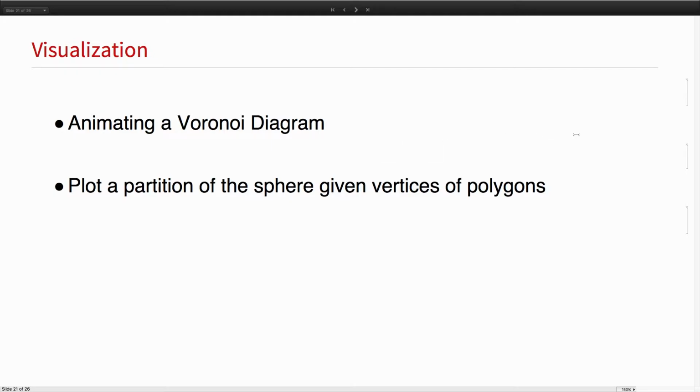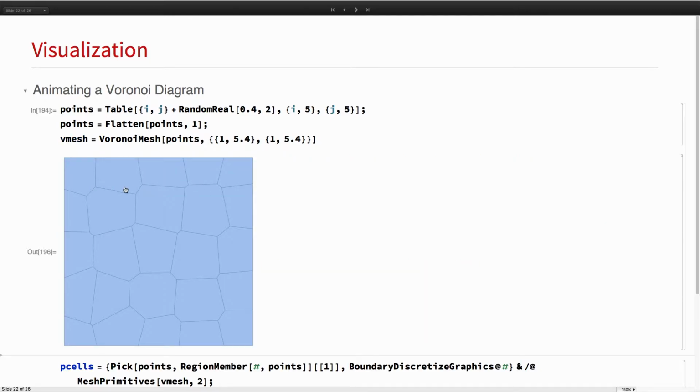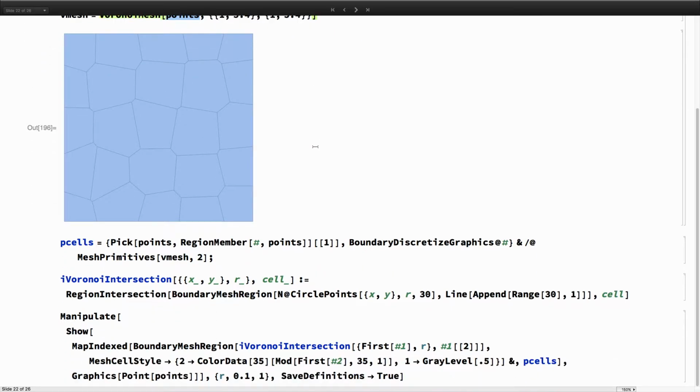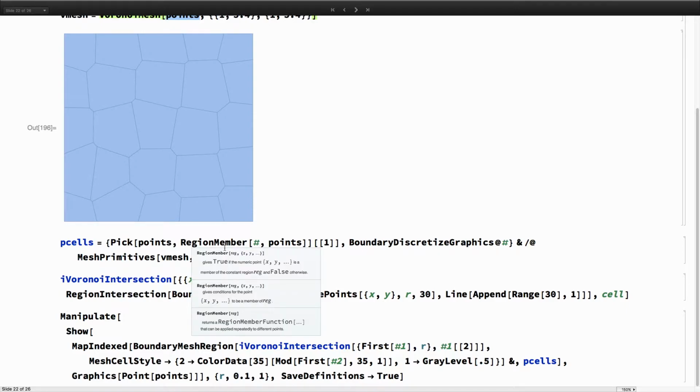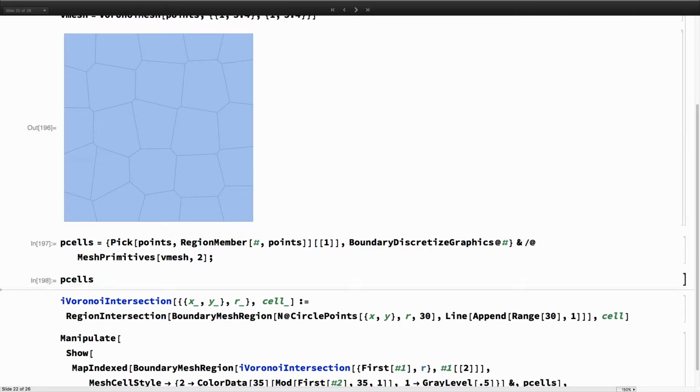And this is the final collection, visualization. It's just visualization. The first one is about animating a Voronoi diagram. The question was, you have a Voronoi diagram of points, these random points, and can you animate some transformation from the points to this Voronoi diagram? So what it does here, I just pick cells from this mesh region.